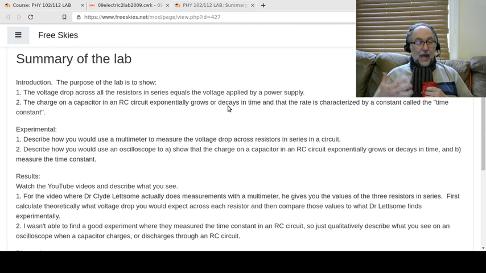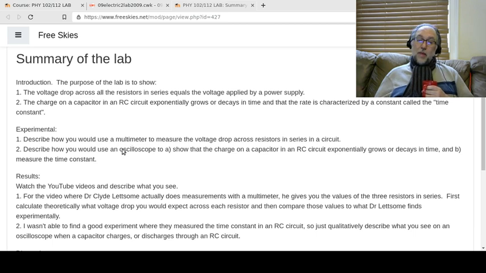It's an exponential decay in the amount of charge. It will decrease over time, but exponentially, not linearly. So the charge on the capacitor of an RC circuit will exponentially decay over time, and that exponential decay is characterized by a constant called the time constant.